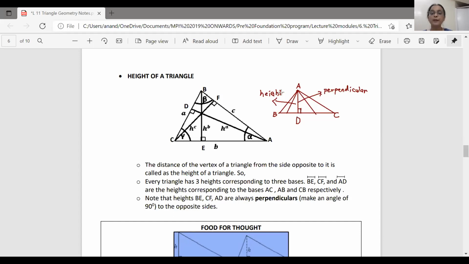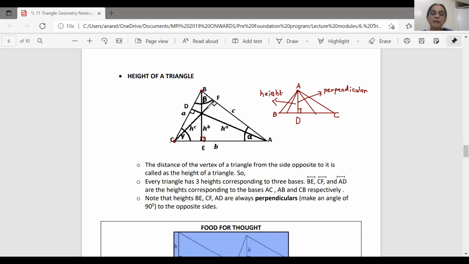So if I have three vertices of a triangle, from every vertex, I can draw one and only one perpendicular on the opposite side. This will be the height of the triangle corresponding to this base. But suppose I take this vertex. Will I be able to draw one more height on this side?